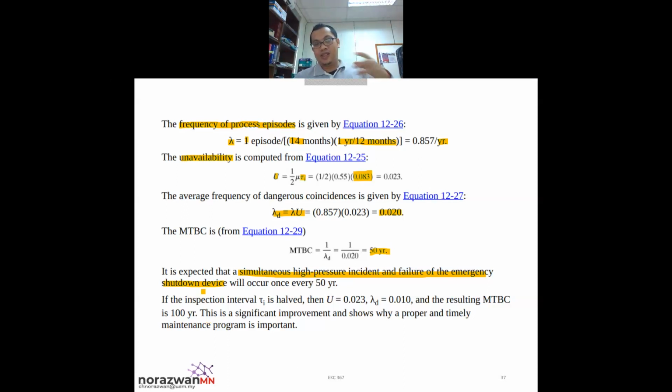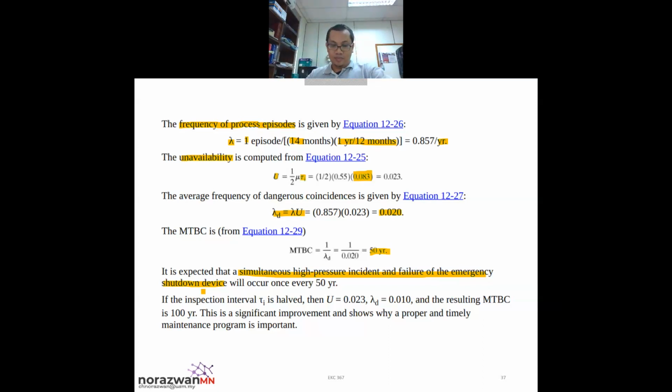So from that you can see the effect of your inspection interval towards your process, how your MTBF and others respond, and how the interaction between the parallel system and series system affects your availability, unavailability, reliability and probability. There are many tongue twists here. This can help you have your plant in safe condition.